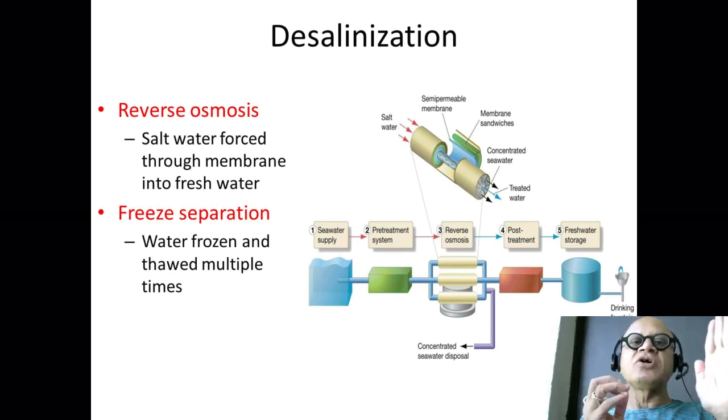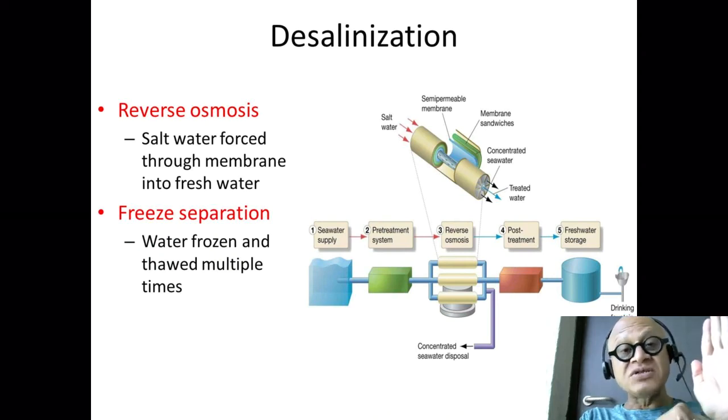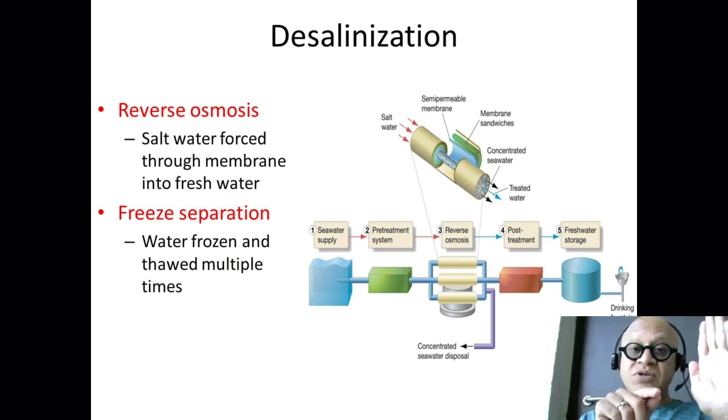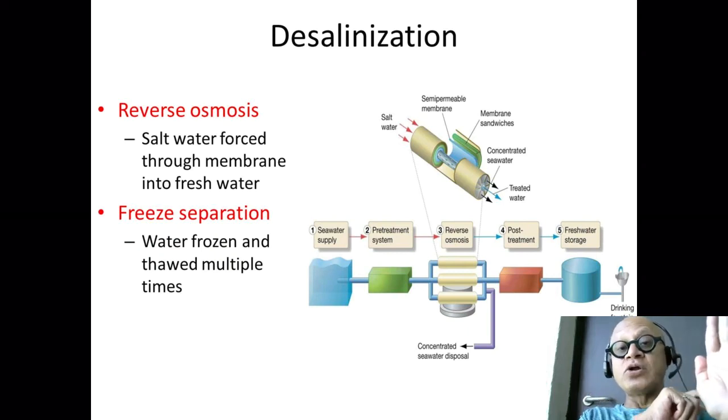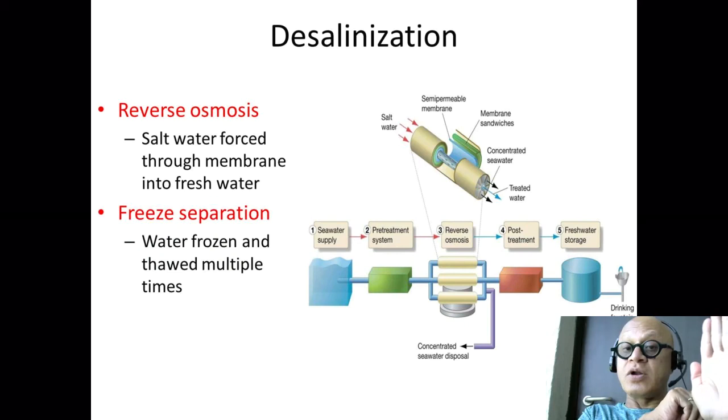There is something called the osmotic pressure. And the simple principle, as we will learn later on, is that water goes from high water concentration to low water concentration, which means it'll go from pure water to salty water. Salty water has fewer water molecules than pure water, right?